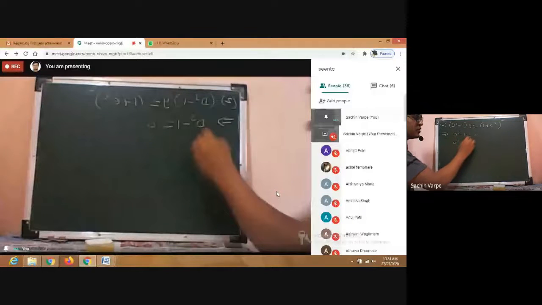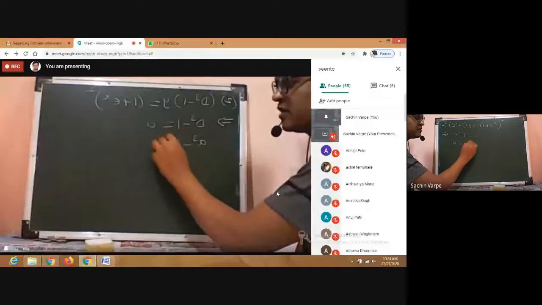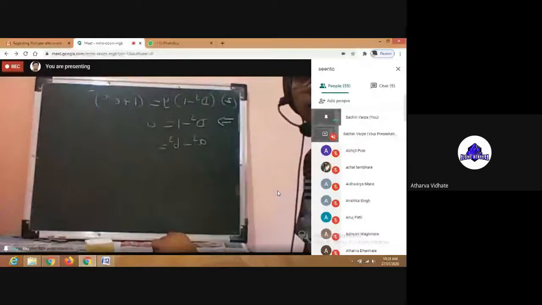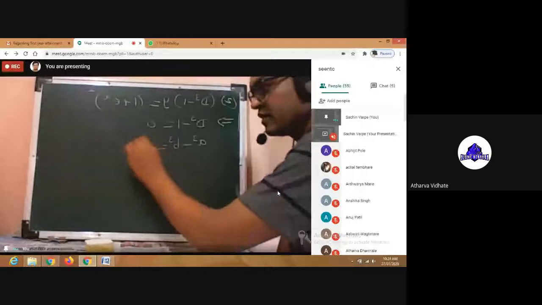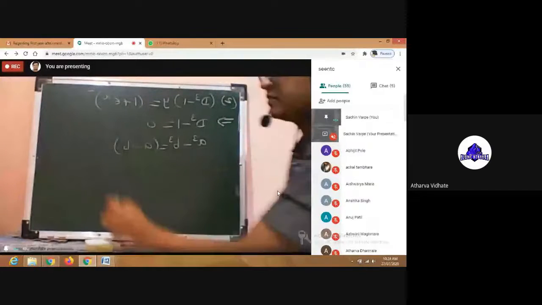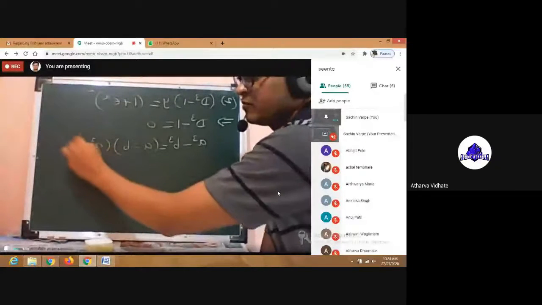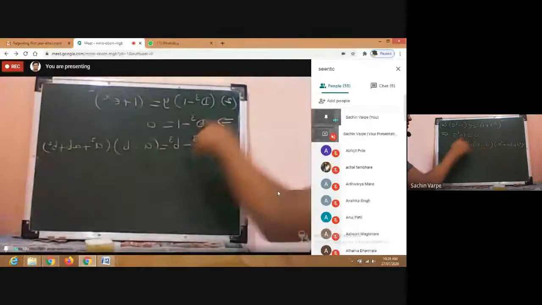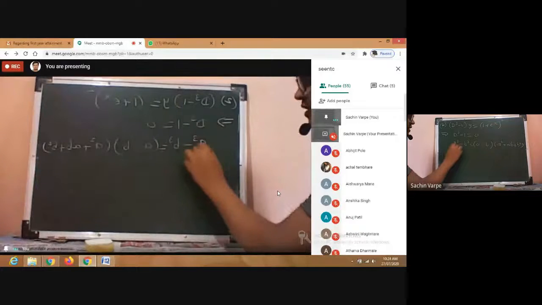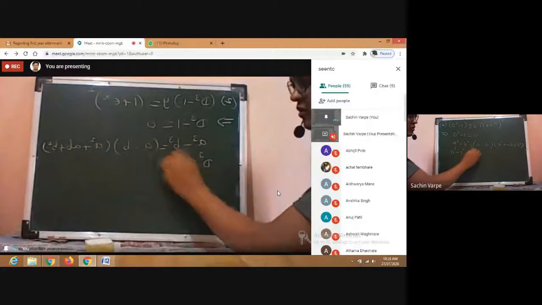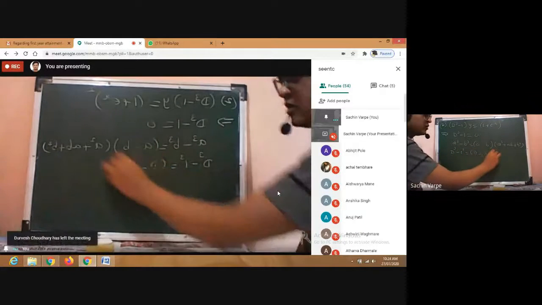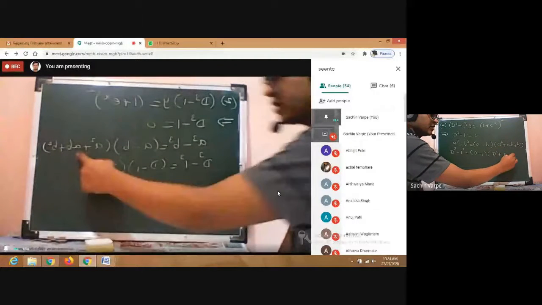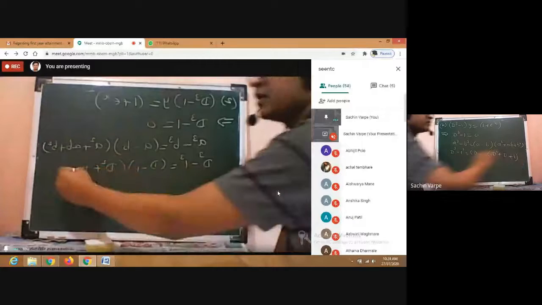It is (a minus b) into (a square plus ab plus b square), isn't it? So if I write this in its expanded form, then I can write D cube minus 1 as D cube minus 1 cube, which is equal to (D minus 1) into (D square plus D plus 1), right?